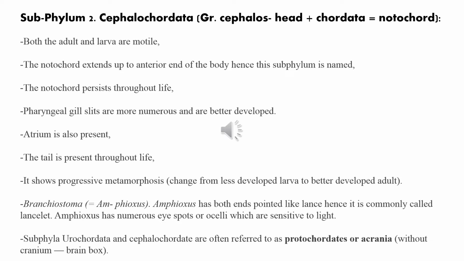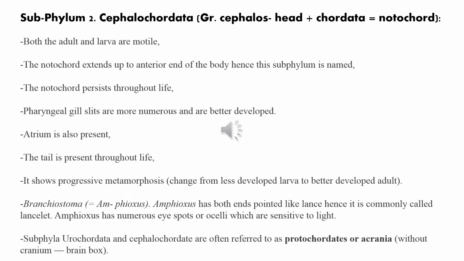Here also the pharynx region has a large number of slits which help in filter feeding. Atrium is also present, and again it is ectodermally lined. The important example of Cephalochordata is Branchiostoma, which is also termed amphioxus and commonly known as lancelet.